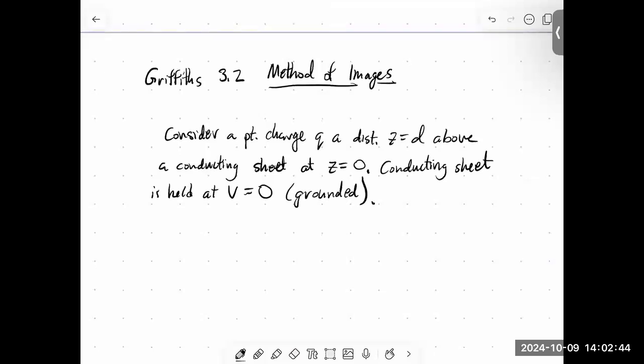What grounded means, in a practical sense, is that you take a wire and connect it to whatever you want to ground, and the opposite end of the wire is connected to a big metal stake that's driven into the ground. The way to think of conducting planes is that they can acquire a little bit of charge, or give off a little bit of charge, without changing their potential.